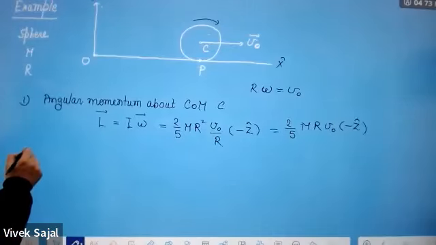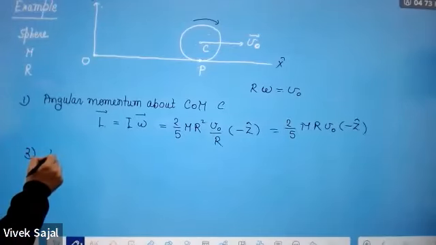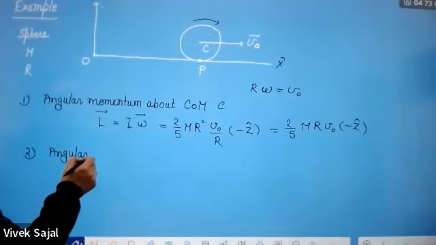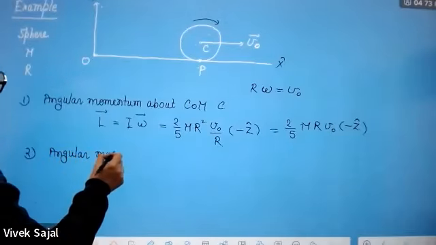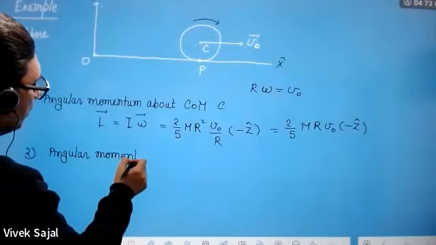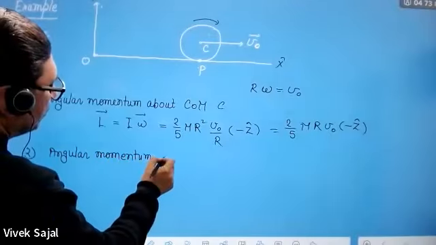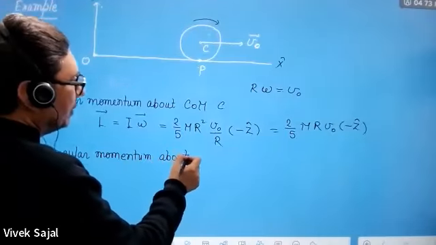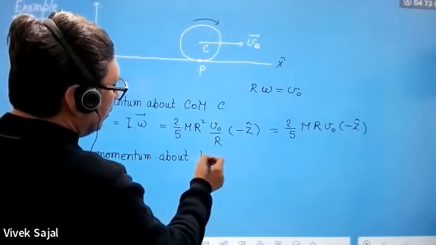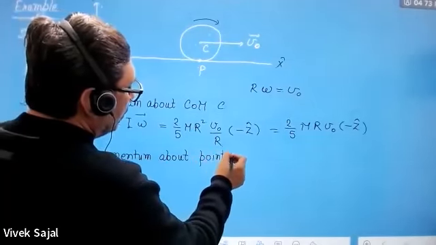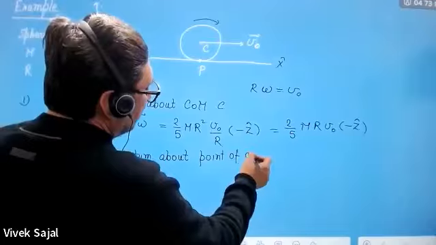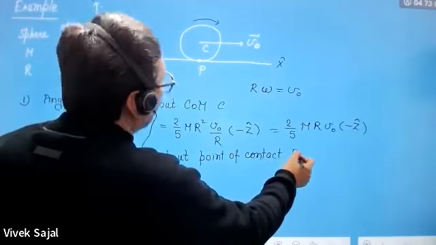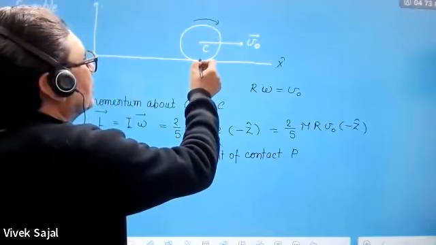Second, you want to find out the angular momentum about the point of contact P. So this is the point of contact.